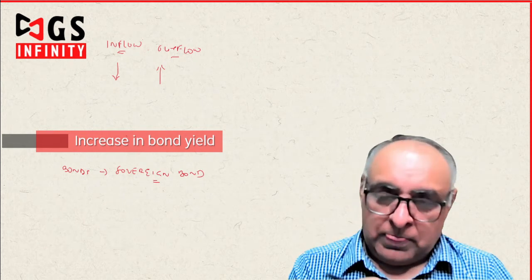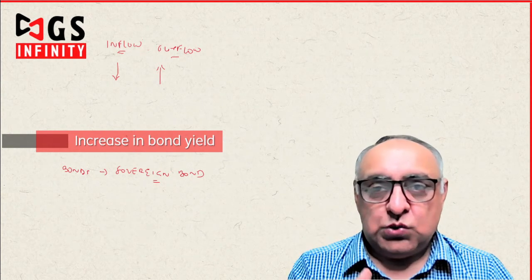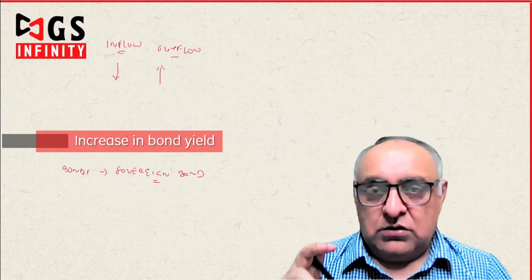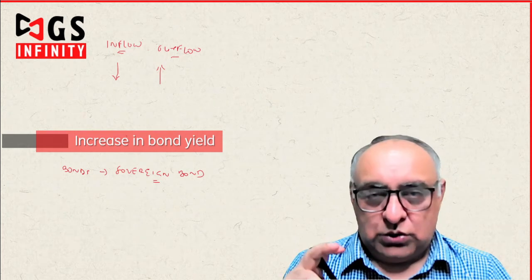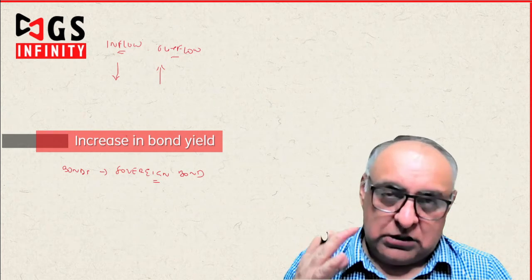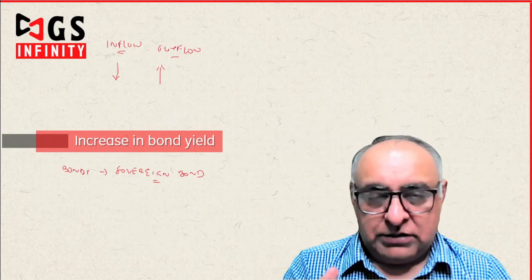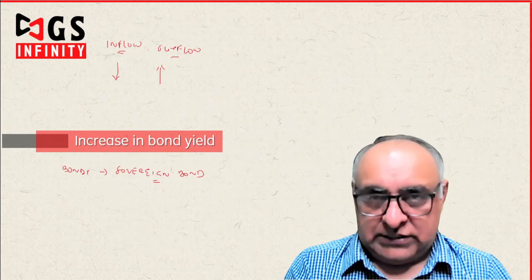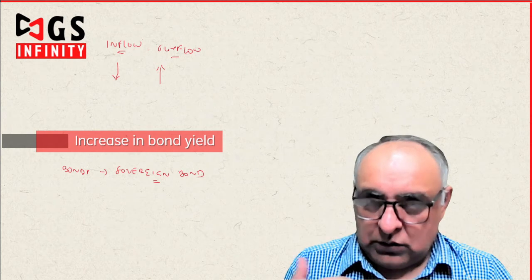Now, with the increase in the policy rate by the US Federal Bank, investment in India would not be beneficial for the foreign investors. So that is why the issue of sovereign bonds by the government of India would fail to attract the investors now.